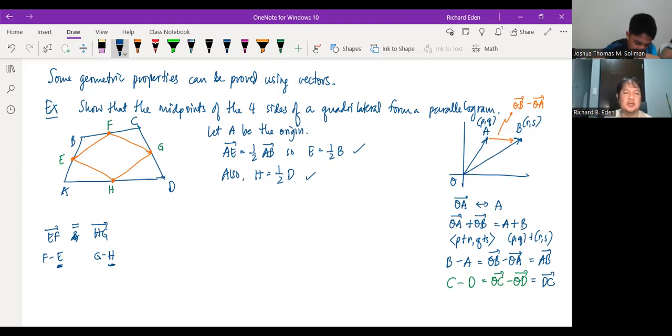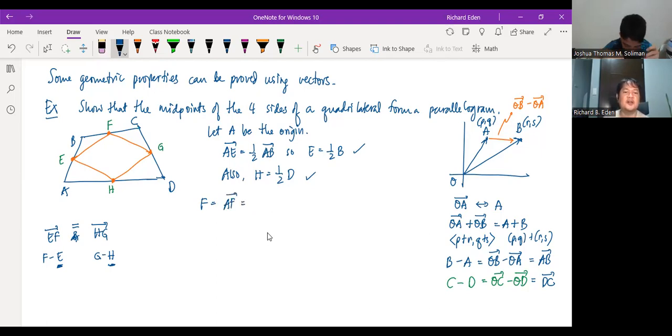Well, nung F is, okay, F is AB plus BF. Okay, F is AF, of course. All right, F is vector AF.